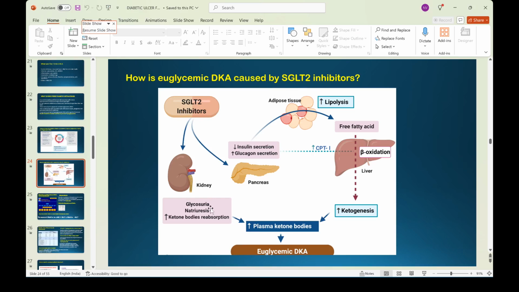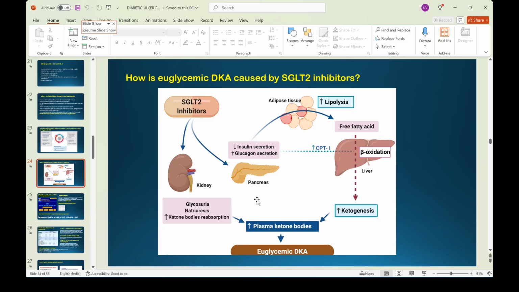All of you know that beyond 180 milligrams, which is the threshold, glucose will be filtered in the urine, and it will be reabsorbed by the cells in the proximal convoluted tubule. The SGLT2 inhibitors go and occupy these cells and prevent the absorption of glucose and cause massive glycosuria.